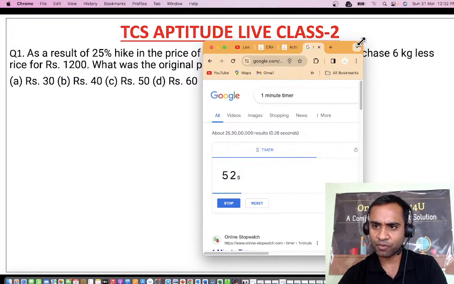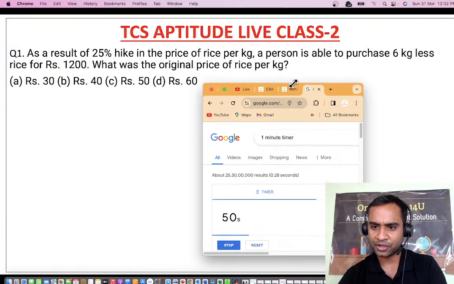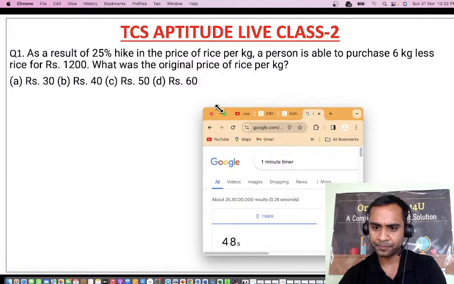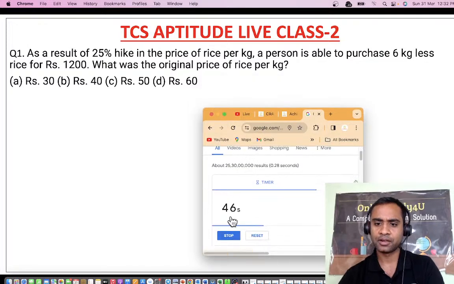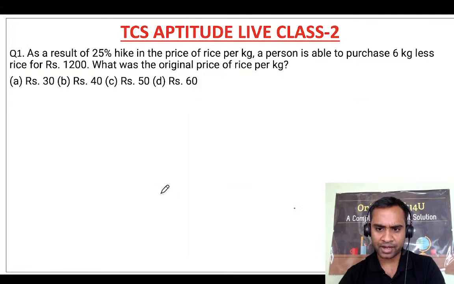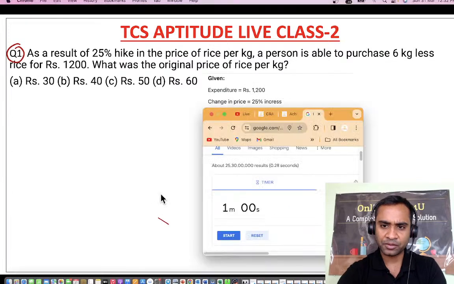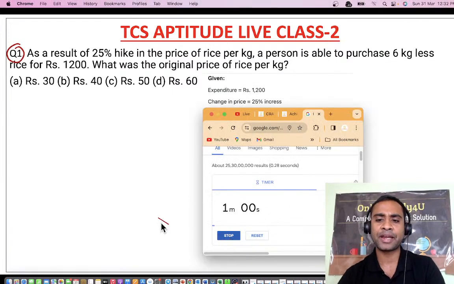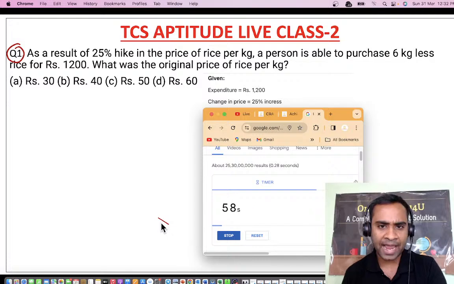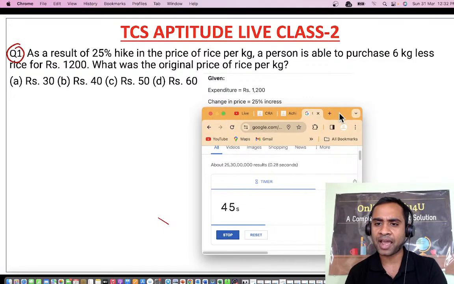I will be giving you 1 minute, and in that 1 minute you will have to solve the question. Let us start with question number 1, and I have given the solution which generally people use in examination. As a result of a 25% hike in the price of rice per kg, a person is able to purchase 6 kg less rice for rupees 1200. What was the original price of rice?